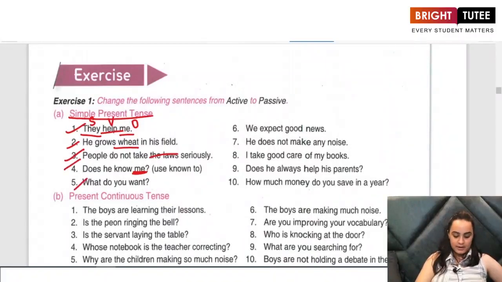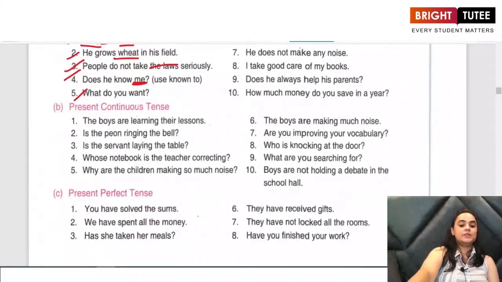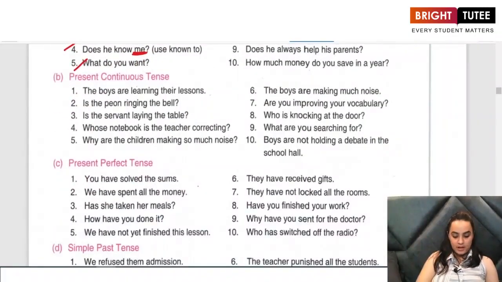Alright? Now the next one is when we change the sentences in the present continuous tense. The boys are learning their lessons. Their lessons are being learned by the boys. Is the peon ringing the bell?